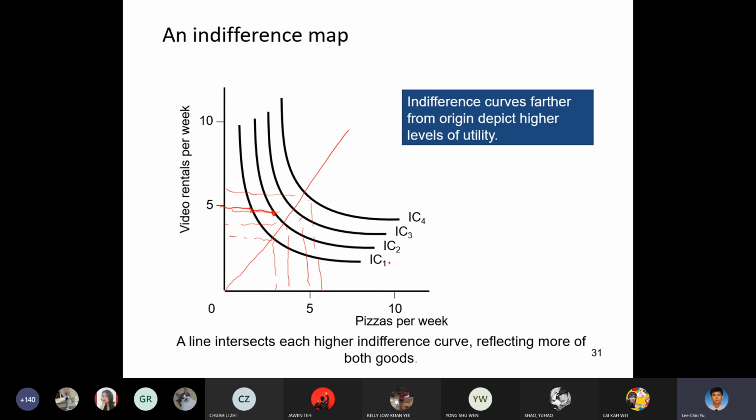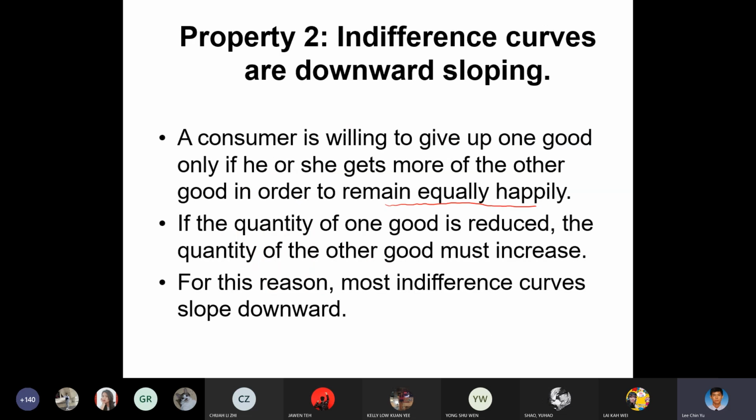So you get higher utility. But if you want to remain equally happy, you must reduce the number of videos in order to increase the number of pizzas. So that's why it must be downward sloping, because we want to remain equally happy. If the quantity of one good is reduced, the quantity of the other good must be increased.